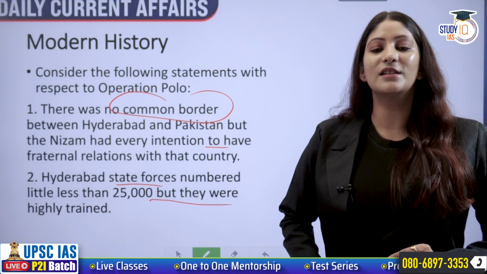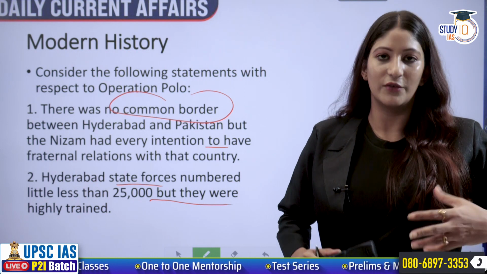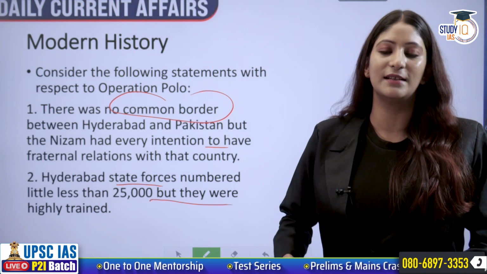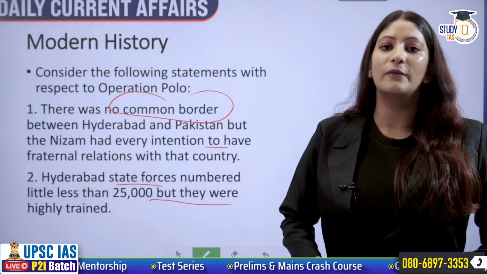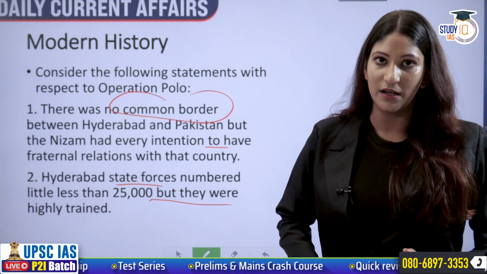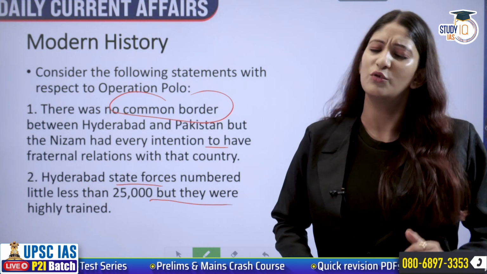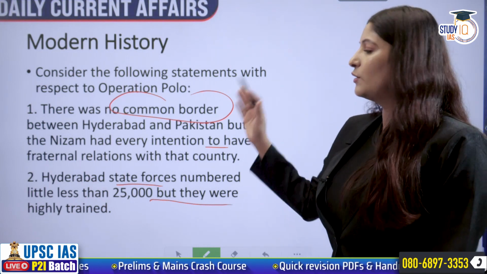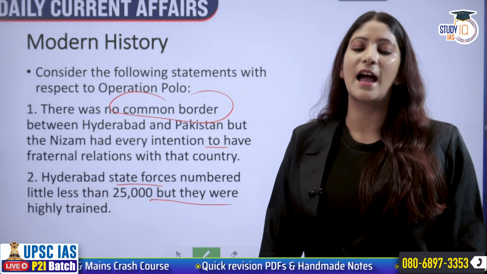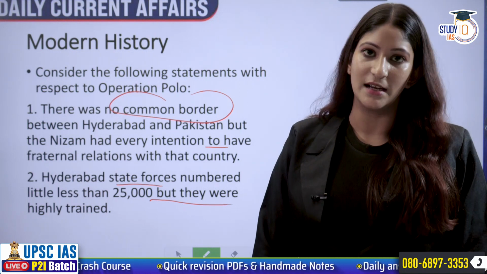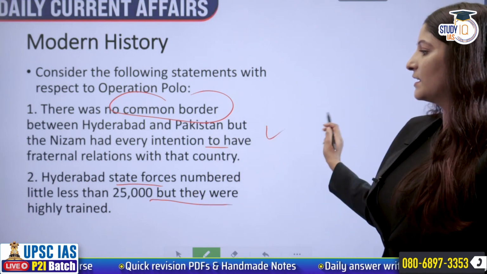Now tell me, which country, which became recently independent and has already been in a war with Pakistan for Jammu and Kashmir, would accept this fact? No country. So we launched Operation Polo back then, and that was dubbed as a police action by Sardar Vallabhbhai Patel. First statement is correct.